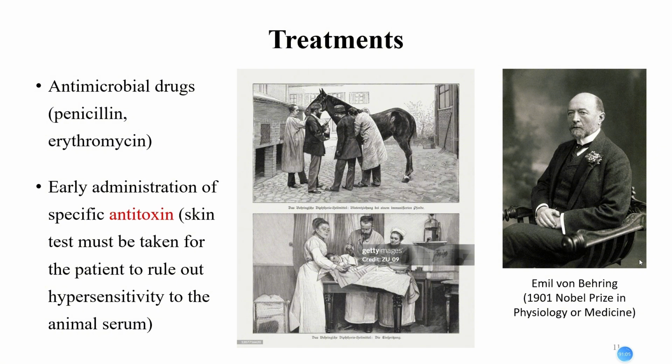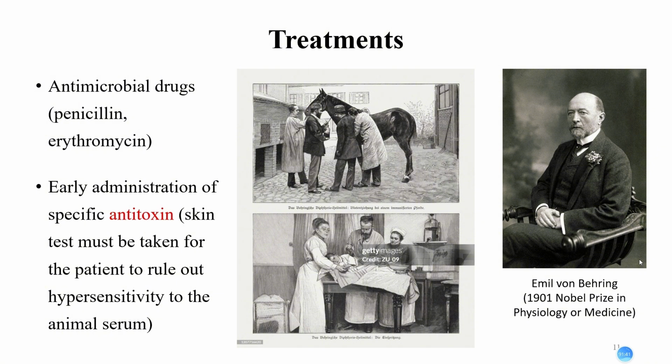They can inject this antitoxin into the infected kids so that the antibody in the antiserum can provide immediate protection, neutralize the exotoxin, so that the kids can be rescued. With this method, a lot of kids survived. So after infection, you can cure the patients.